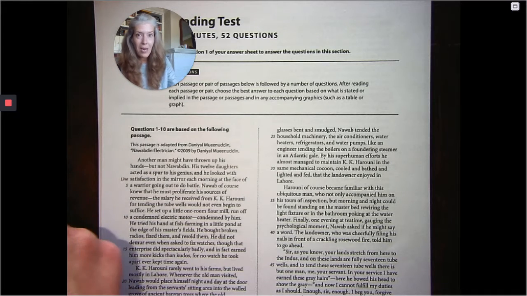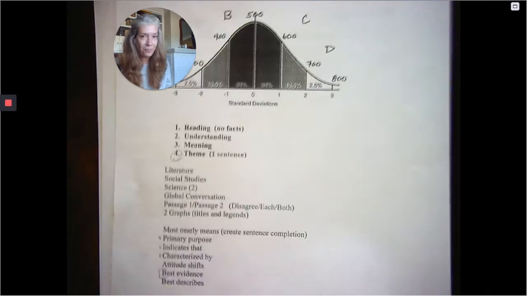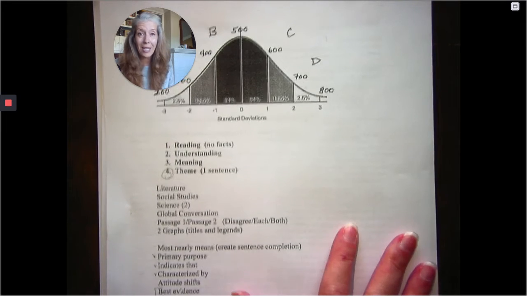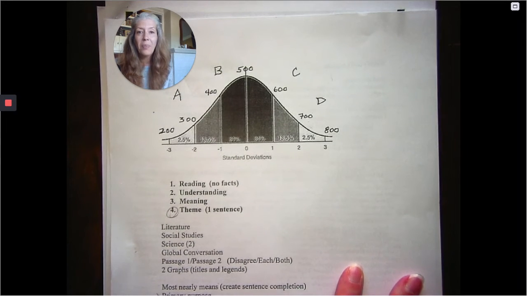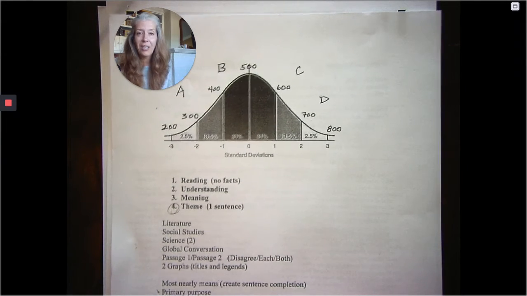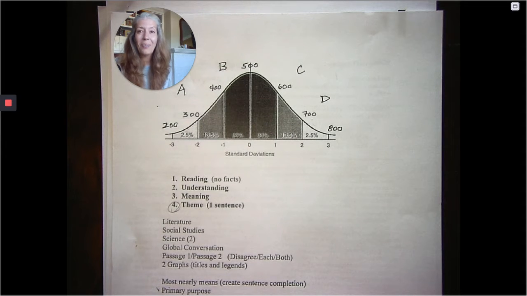Before we go on, though, I do want to remind you the SAT is nothing but a standardized test. And what you've probably been exposed to thus far in your education are state mandated standardized tests, particularly if you're in public school. Some private schools do pay different public schools to administer their standardized test.